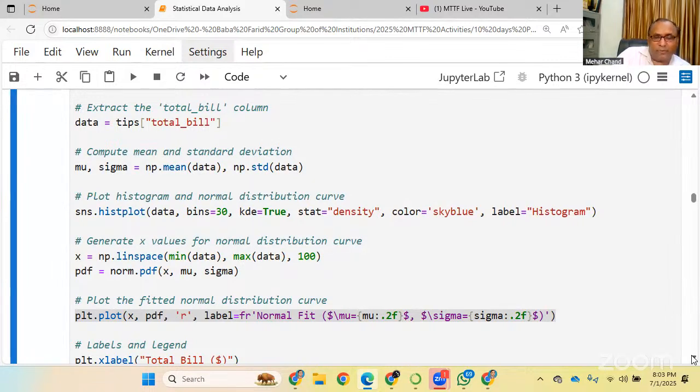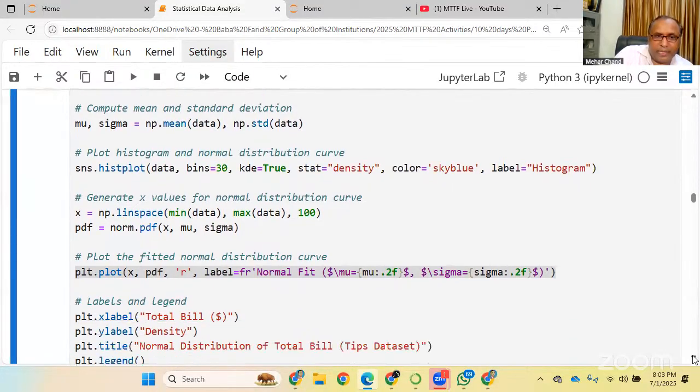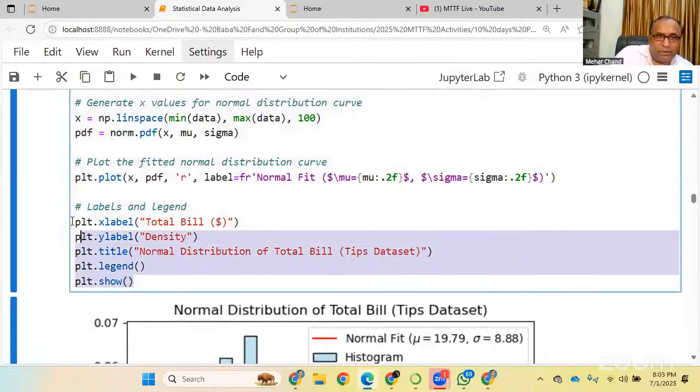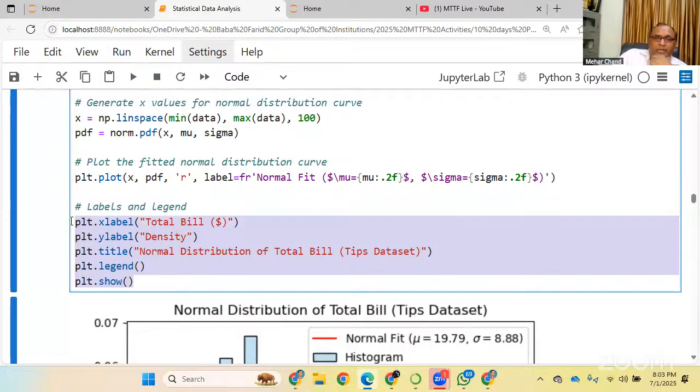Data is the same, no problem, same result will be there. And then we will have to show it in one place. Okay, plt.xlabel, plt.ylabel, plt.title, plt.legend, plt.show. Okay, so these are the labels and legend, and the above statement plt.plot will visualize the normal curve.